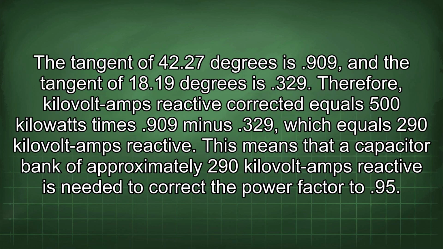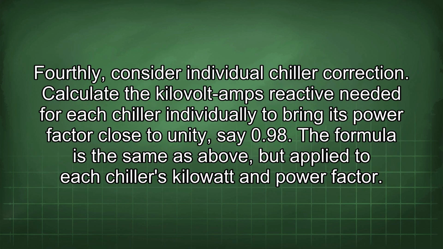The tangent of 42.27 degrees is 0.909, and the tangent of 18.19 degrees is 0.329. Therefore, kilovolt-amps reactive corrected equals 500 kilowatts times 0.909 minus 0.329, which equals 290 kilovolt-amps reactive. This means that a capacitor bank of approximately 290 kilovolt-amps reactive is needed to correct the power factor to 0.95.